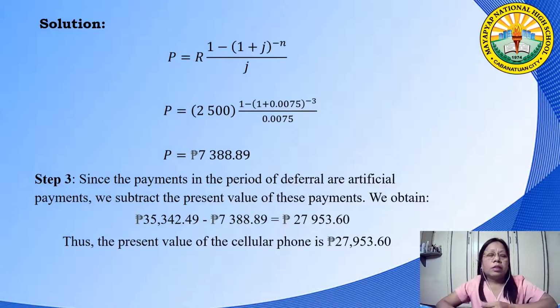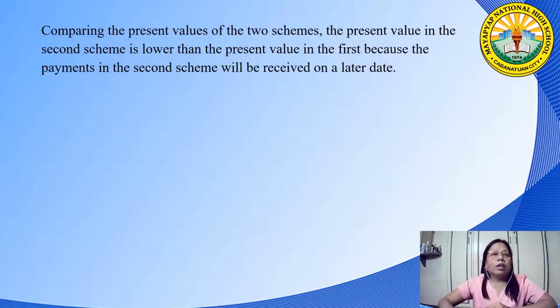So thus the present value of the cellular phone is 27,953.60. Comparing the present values of the two schemes, the present value in the second scheme is lower than the present value in the first because the payments in the second scheme will be received on a later date.